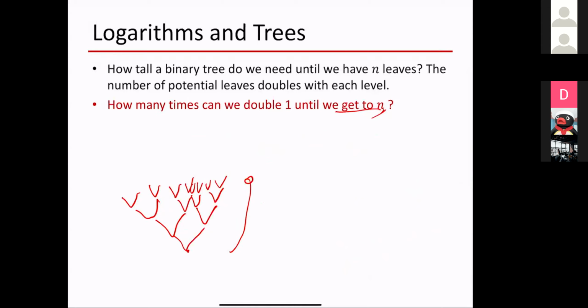Log 2n plus 1. We have to count the origin. So log 2n plus 1, but the dominant term is log n, doubling from 1 to n. So I'm assuming you understand the concept of log, and you now have the ability to play with it in algorithms, conceptually.